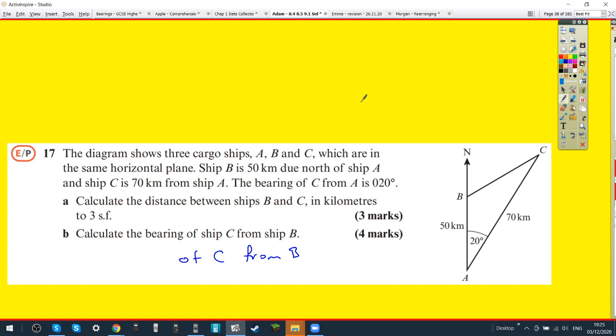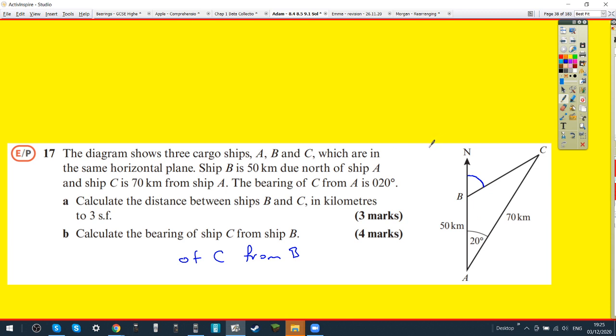Of C from B. So is it B then? Which angle? There are 2 angles at B. Oh right, it's the one on the top. Yes. Point north, turn clockwise to the line. So you'd have to find that angle there. Yep.